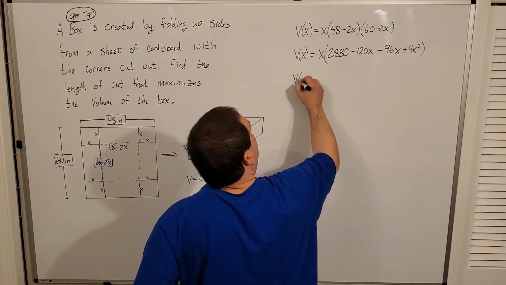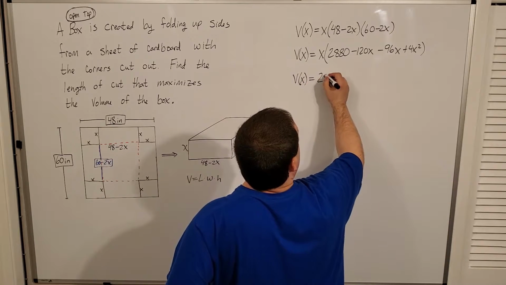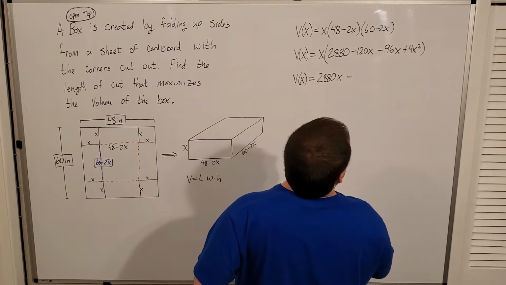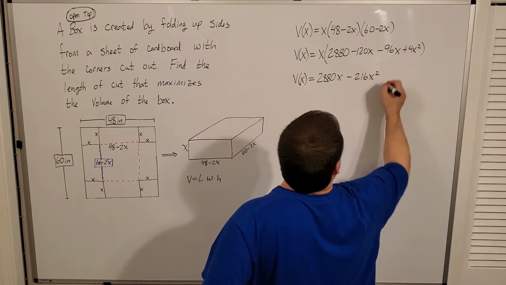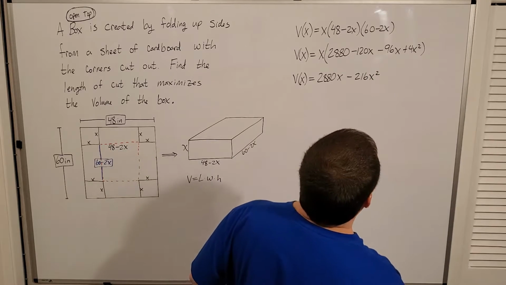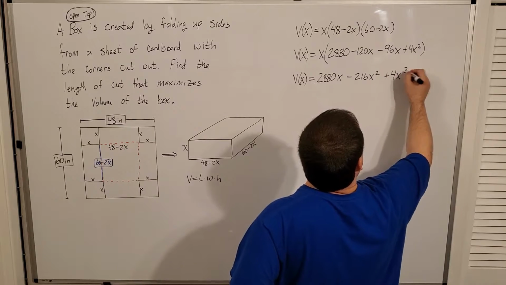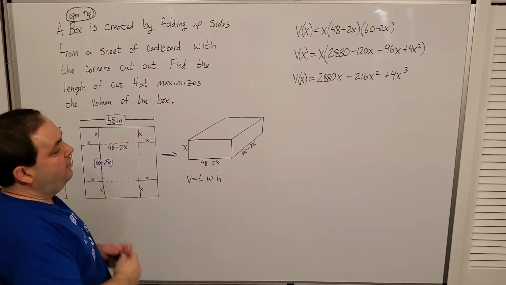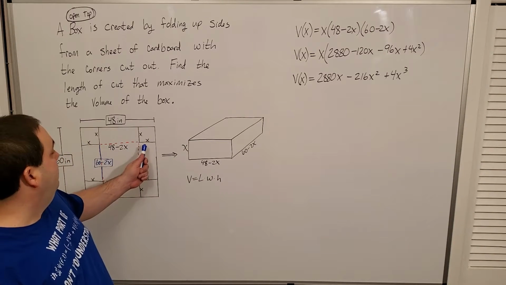So my volume function of x is going to be 2880x minus 216x squared plus 4x cubed.